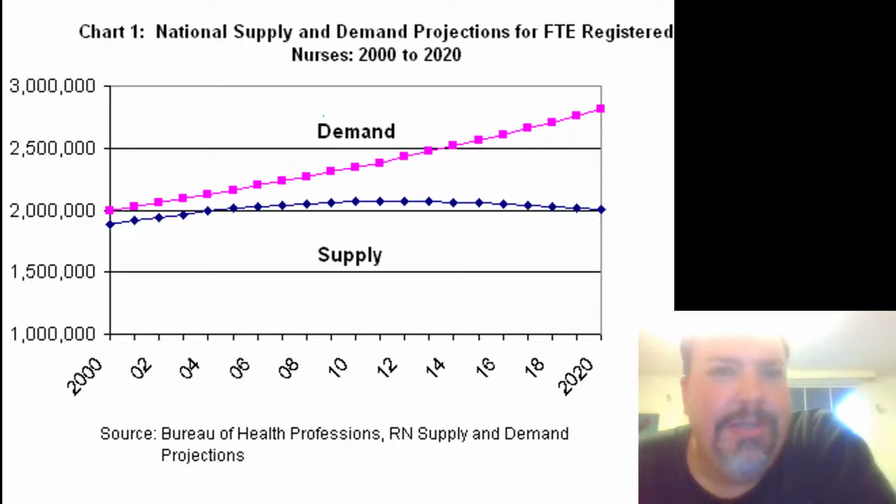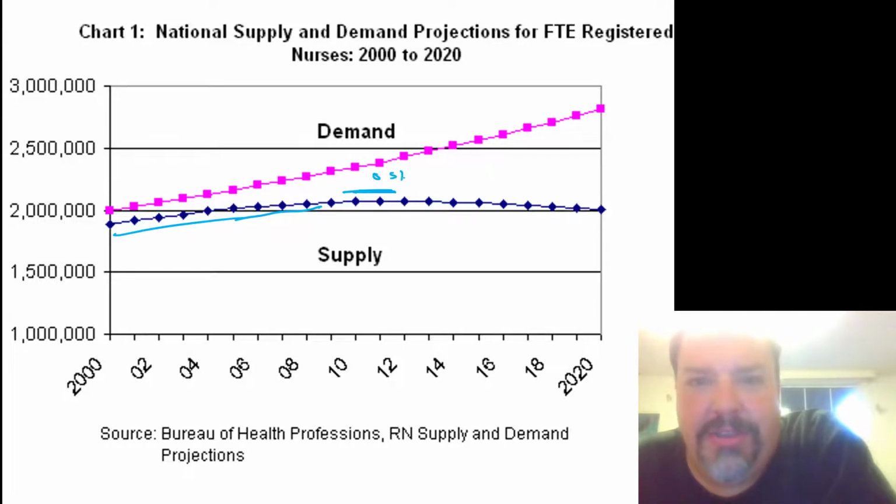Slope and rate of change is something that you use all the time. Here's a graph that shows the national supply and demand projections for registered nurses, 2000 to 2020. Now I know this is a little bit dated, but it helps you see the demand curve going up a little bit steeper, and the supply curve during 2000 to 2008 looks like it has a positive slope, and then it starts to level off.